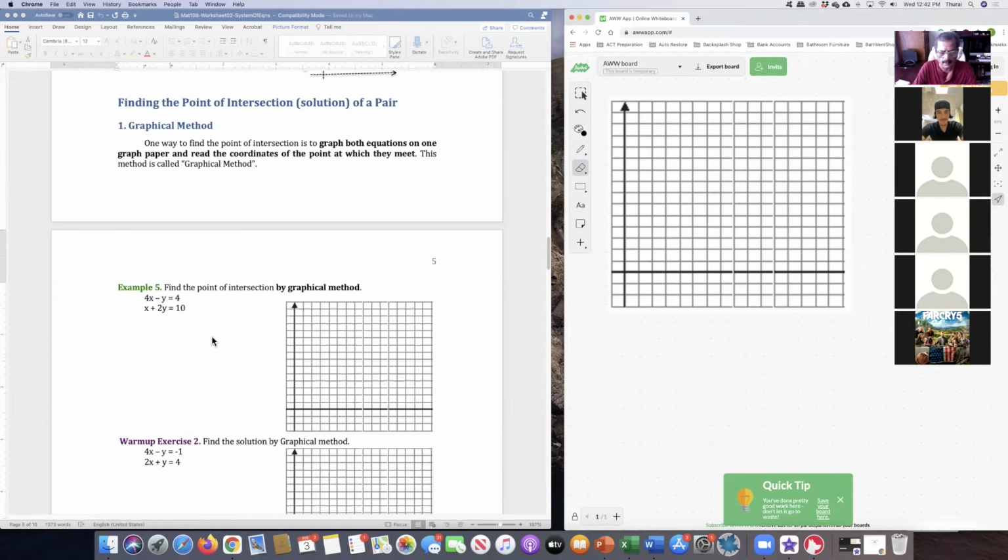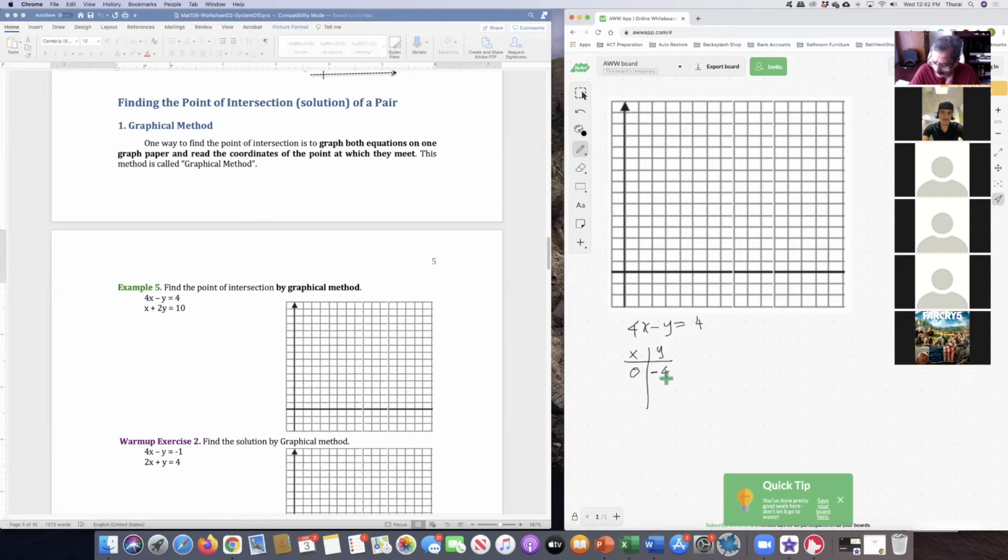So let's take the first equation, 4x minus y equal to 4. To graph it, I'm going to find 2 points. All we need is 2 points. If I plug in x equal to 0, I'm getting y equal to negative 4. That's going a little bit beyond our graph paper, but that's okay, I can handle that.